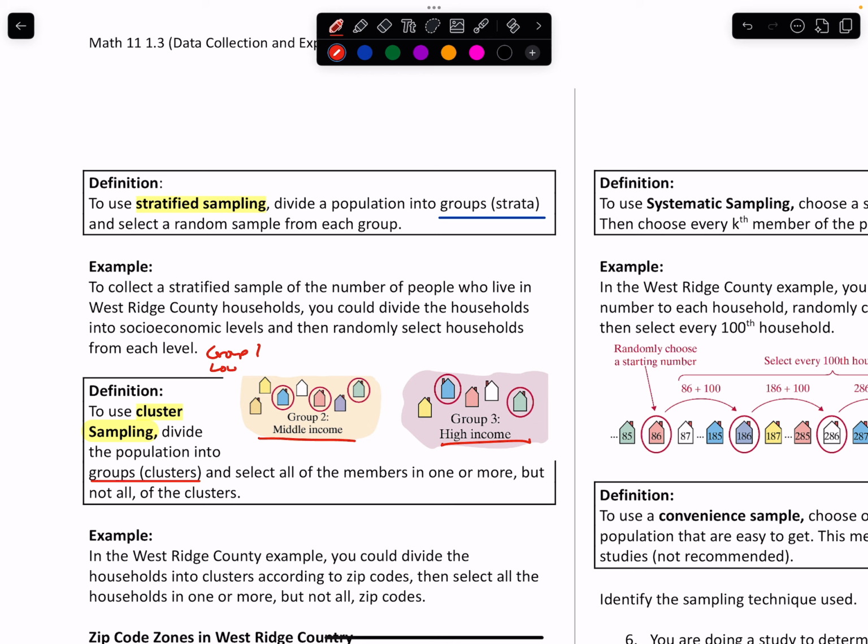I'm going to roll a random integer, no repeat, from 1 to 3, and I only want one number. It spits out 2. In that case, I'm going to pick group 2, and I'm going to use all of those houses. It gives me the entire cluster, and I use that entire cluster.